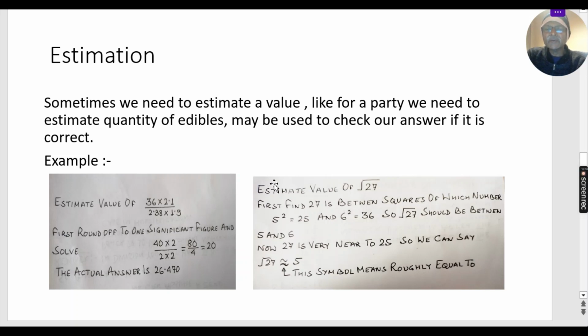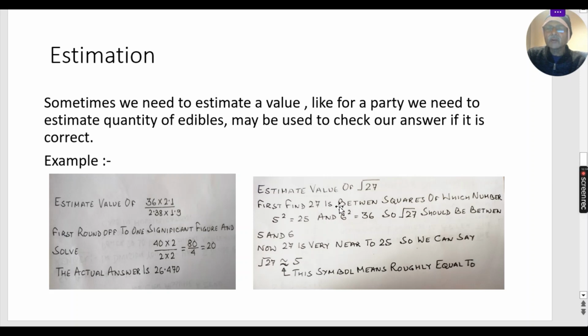Second example which I am taking is estimate the value of the square root of 27. What will be the value? So for this we will have to check between which two numbers this 27 lies.